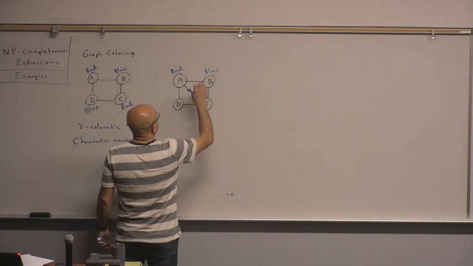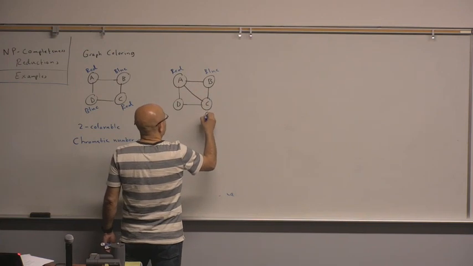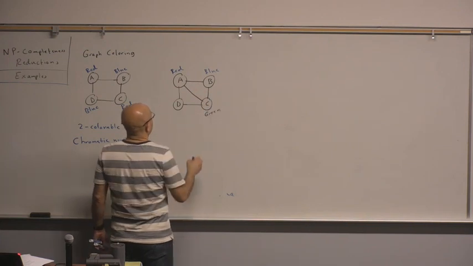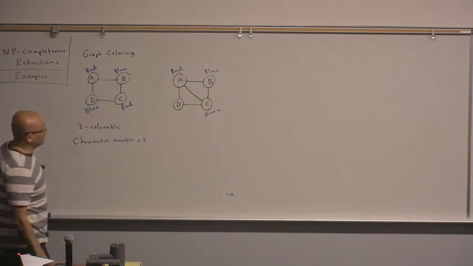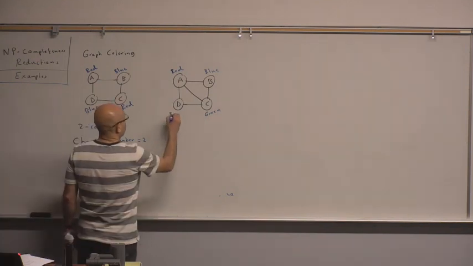So in this case, we will just color C with a third color, like green. And then D, what can we use for D? Yeah, blue. We can use blue.